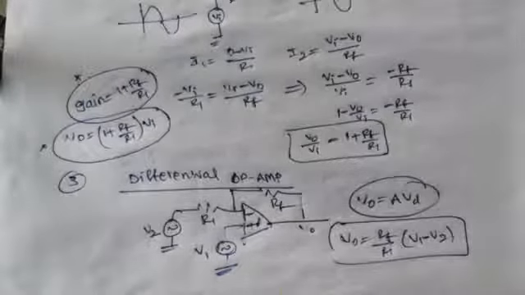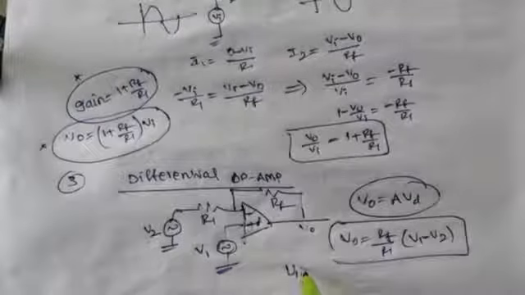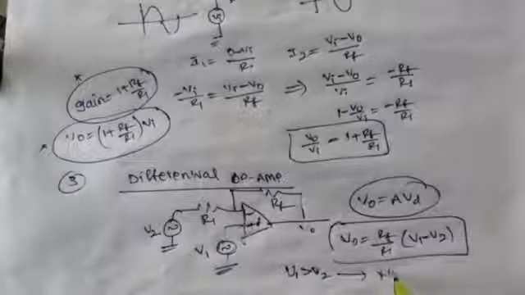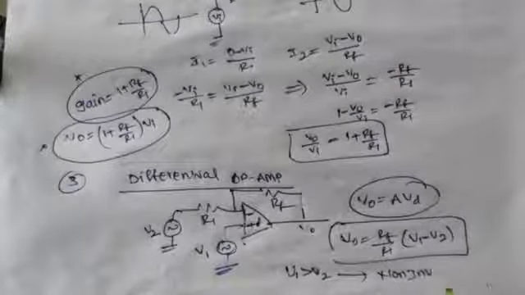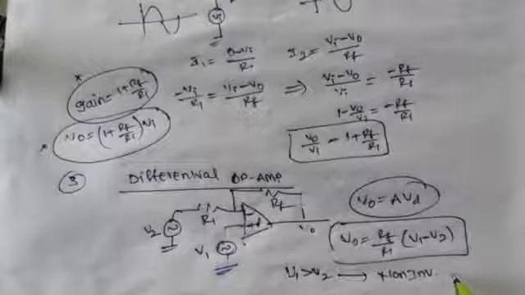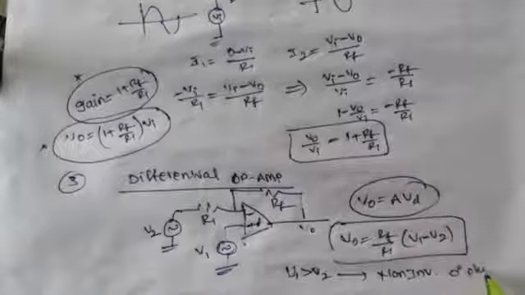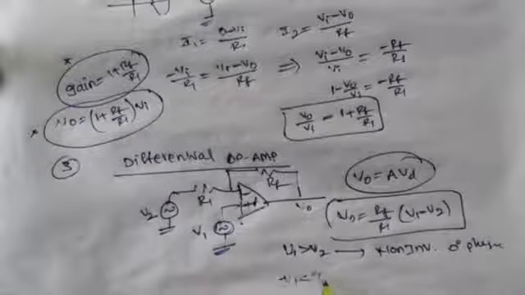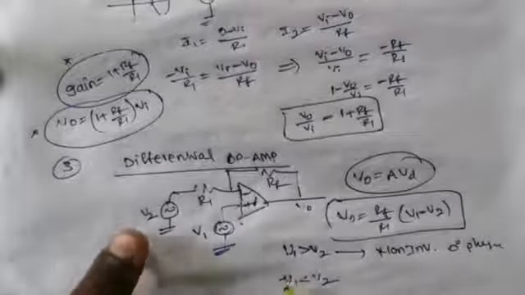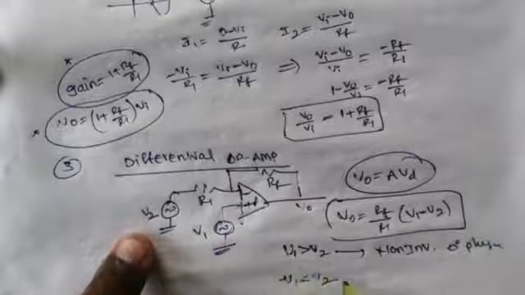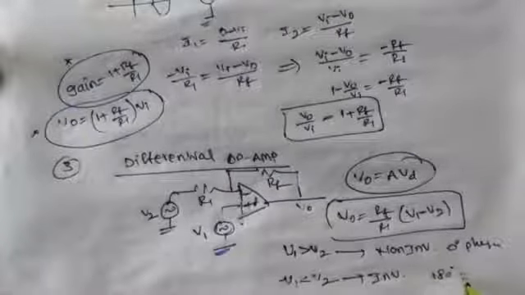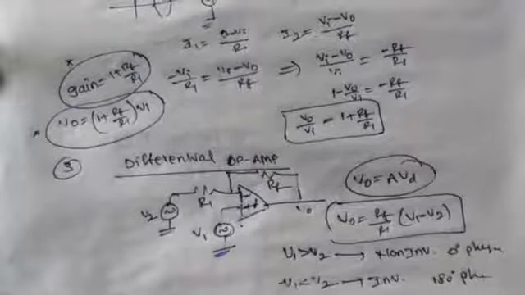If V1 is greater than V2, it will act as non-inverting, with 0 degrees phase shift. If V1 is less than V2, meaning the inverting potential is more, then it will act in inverting mode, or 180 degrees phase shift.